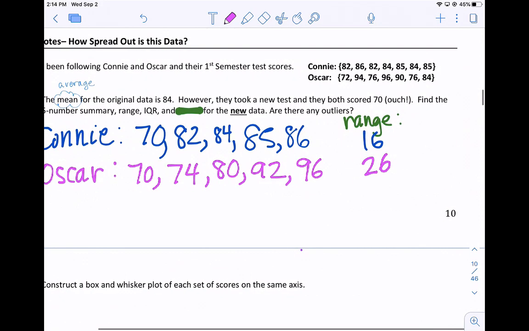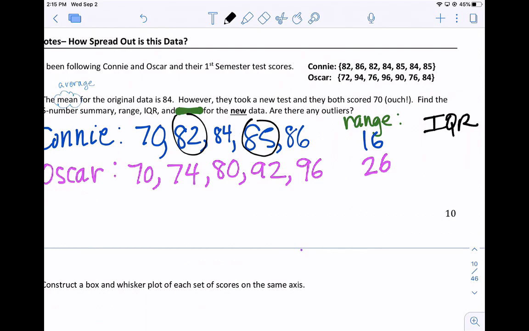And then we're going to look at the interquartile range, IQR, which is Q3 minus Q1. For Connie, that would be 85 minus 82, or 3. And for Oscar, 92 minus 74, and that would give us 18. I should have used their colors here.